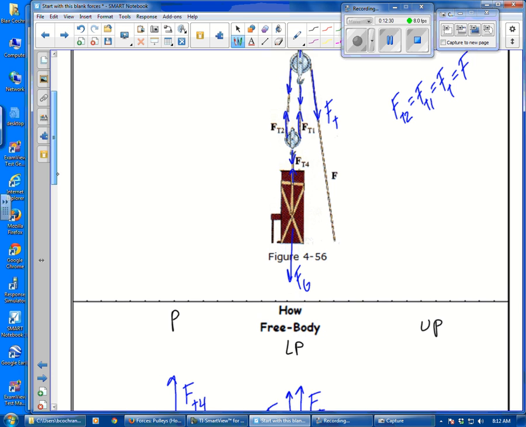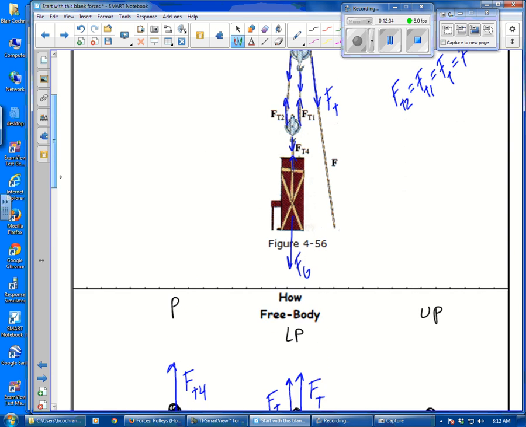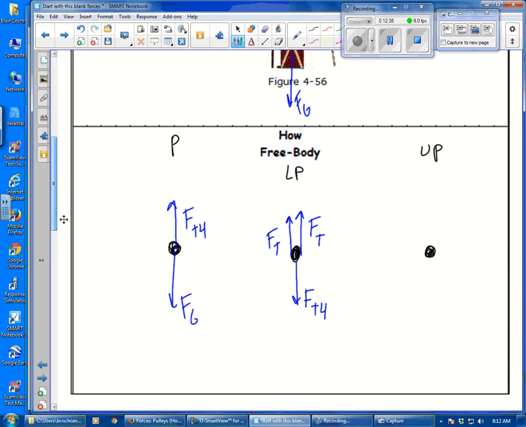And I know all those are equal, so I could also just use F there. Then if I look at the top pulley, I've got FT3 up. I've got 3 instances of FT down. All right, so those would be the 3 free bodies for this problem.